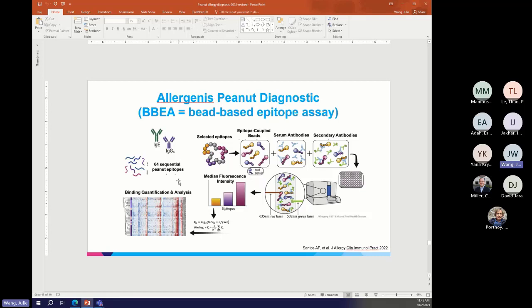This assay, BBEA, for peanut was validated using two large cohorts from COFAR2 and POISE, both clinical trials, showing that the BBEA test for peanut has high sensitivity, high specificity, high positive predictive value, and high negative predictive value, all over 90%. And this assay can accurately predict food challenge eliciting dose, or the threshold at which a person would react with peanut exposure.